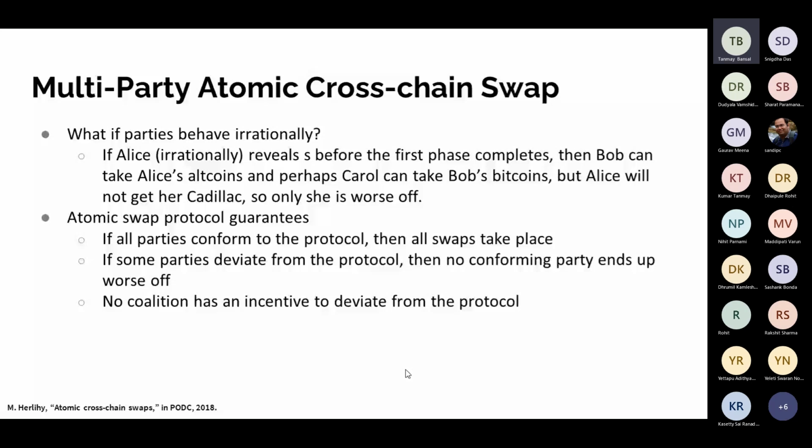And even if they collude, there is no incentive to deviate from the protocol, because by deviating they are not going to get benefits. So this is the interesting way in which such multi-party atomic cross-chain swaps can actually take place.